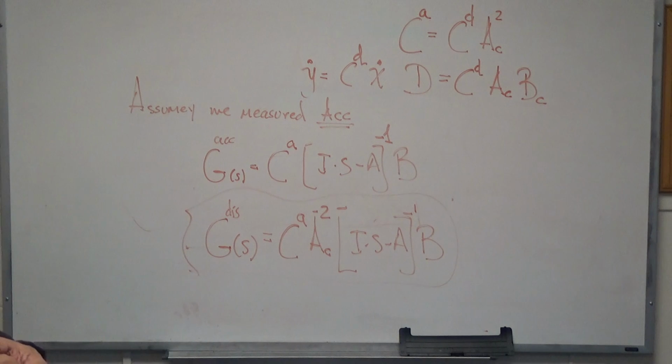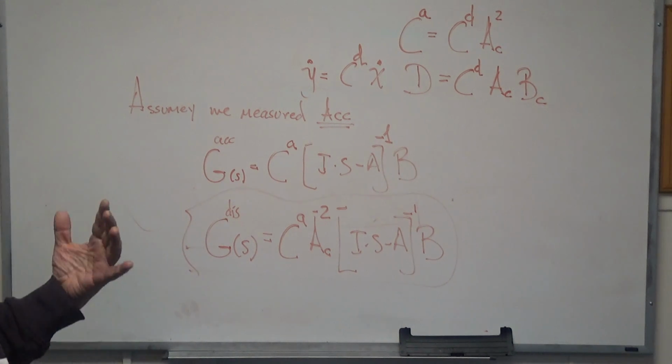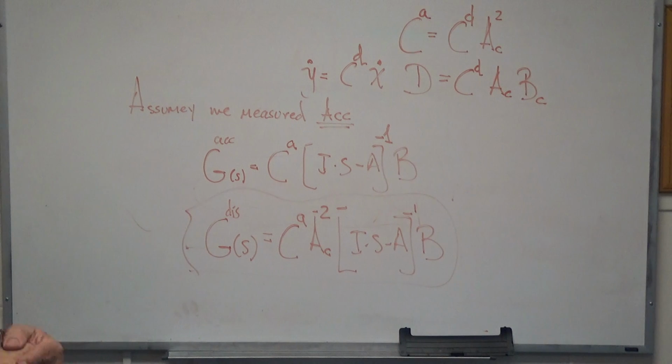Now, we want to do some damage localization or something. And for that, we want to see how the transfer matrix has changed between the undamaged and the damaged condition, for example, at some S value. But we are not interested in how the relationship between forces and accelerations has changed. We are really interested in how the relationship between forces and displacements has changed, because that's what we get a feel for and so on.